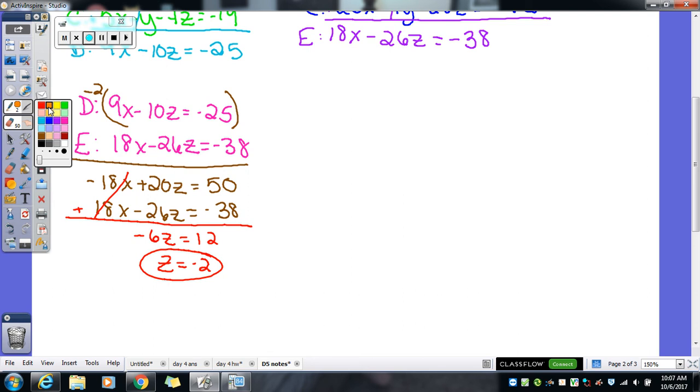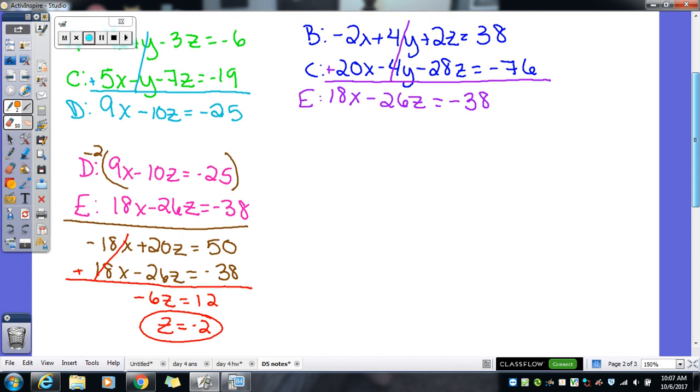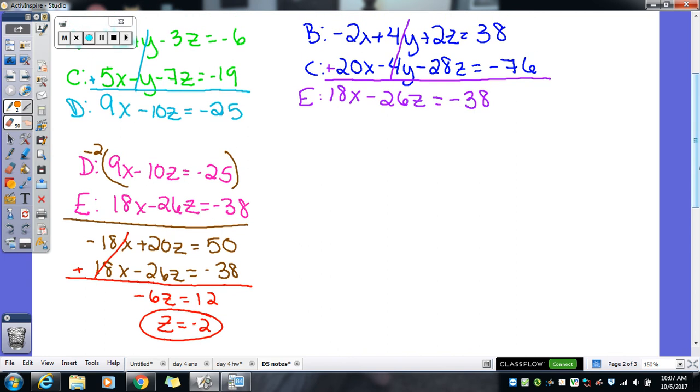Okay, so next we have our z. So which equation do we want to plug that into? I was going to say, I think it might be a little easier in D. So 9x minus 10 times negative 2 equals negative 25.